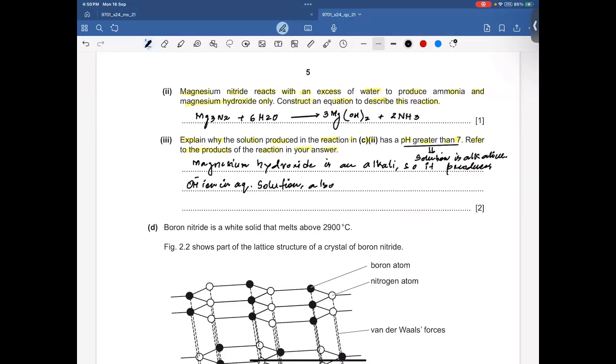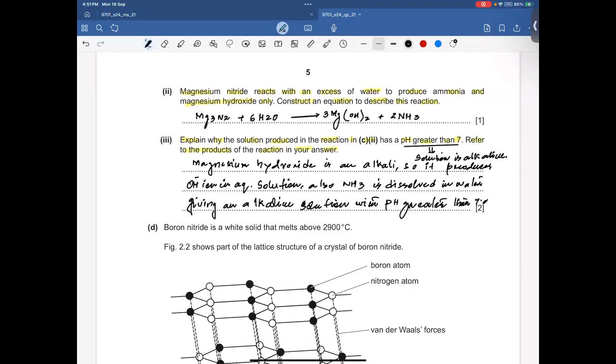Also, ammonia is dissolved in water, giving you an alkaline solution with pH greater than 7. Okay.